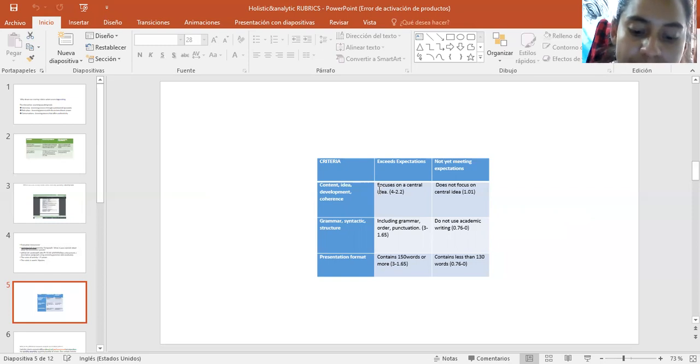And in the categories, we evaluate whether students exceed the expectations or whether students are not yet meeting the expectations. We have the points in the rubrics.